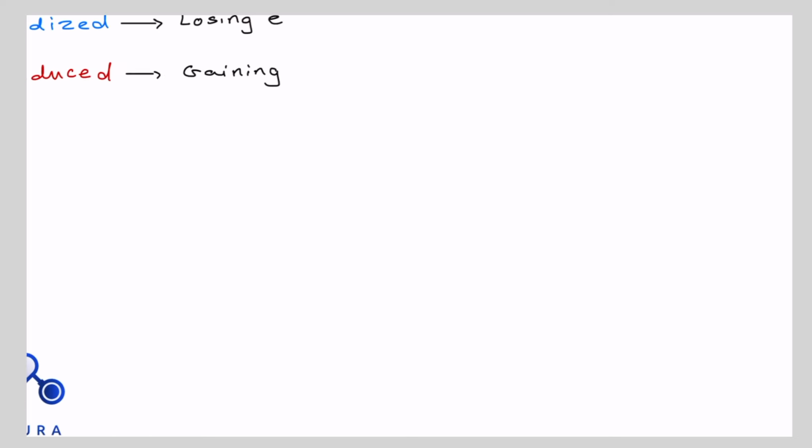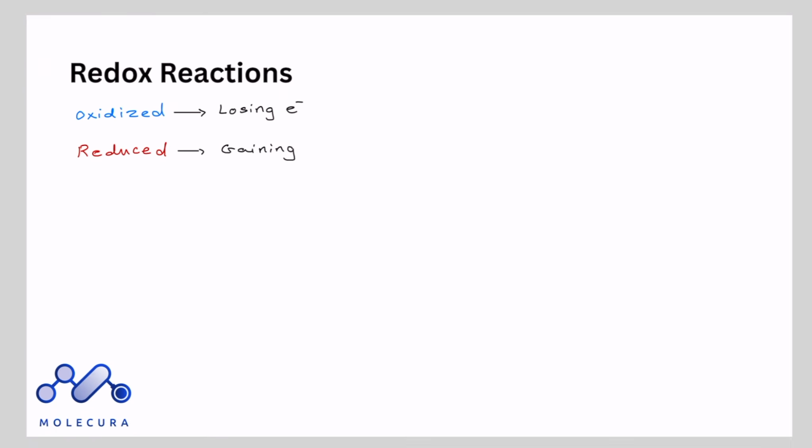Now, the example we're going to see is a reaction that is happening between A and B. So this hypothetical reaction is happening here, and what we have is an electron that is attached to A. A loses the electron here, and B gains this electron.